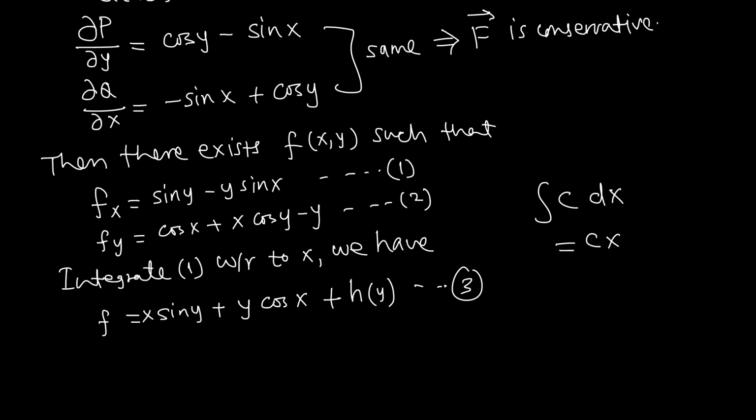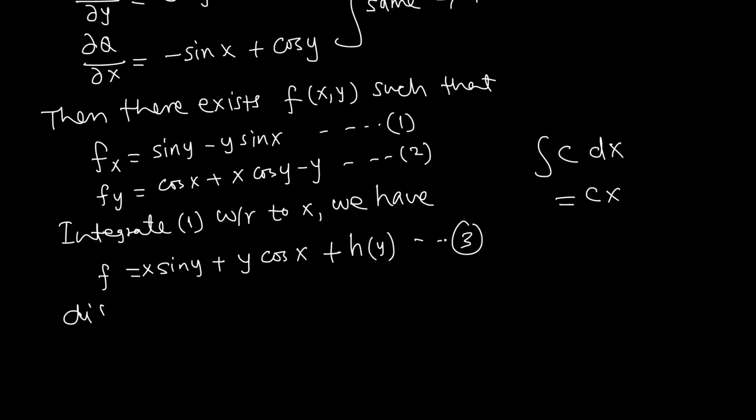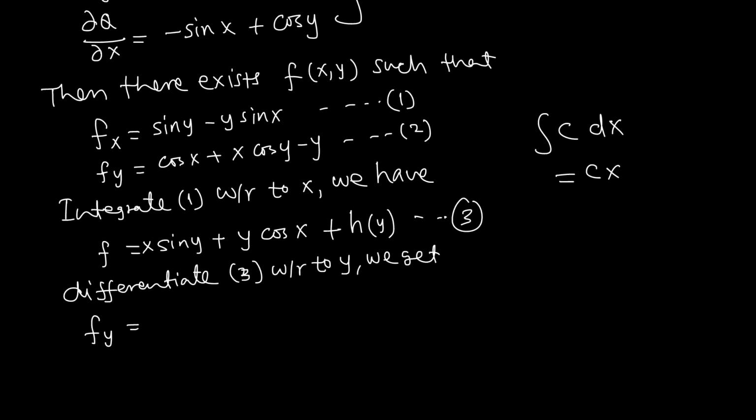So differentiate 3 with respect to y. f_y is equal to x times the derivative of sine y, which is cosine y, plus cosine x times the derivative of y, which is 1, plus the derivative of h, which is a function of a single variable, so it's h prime.